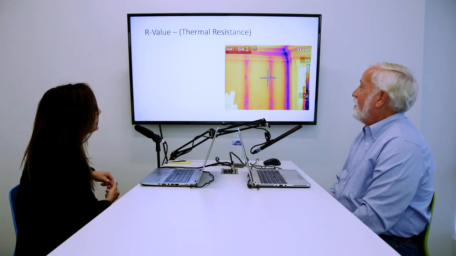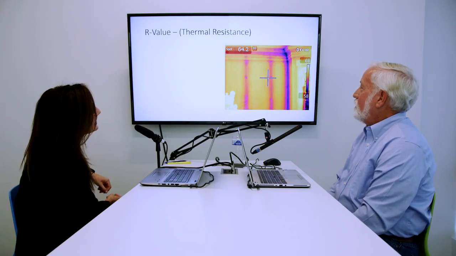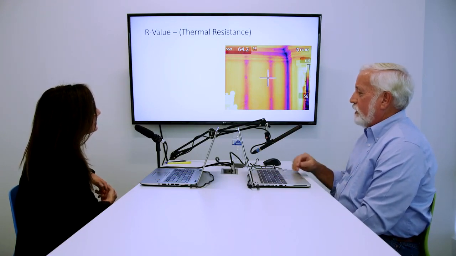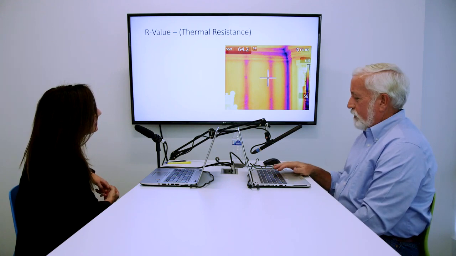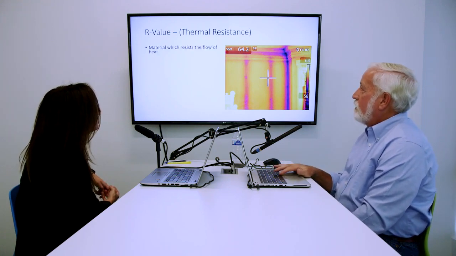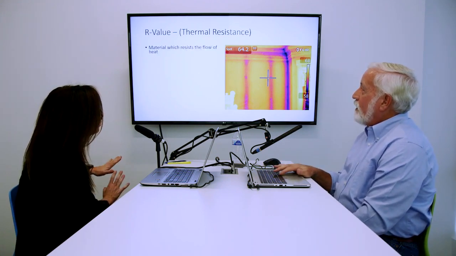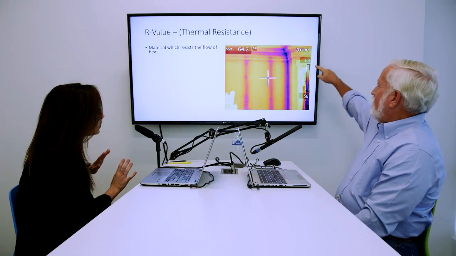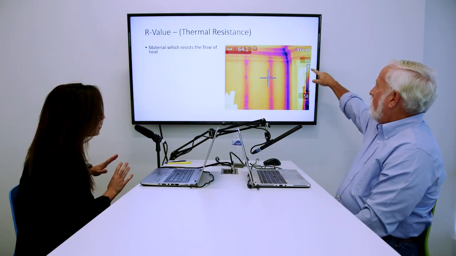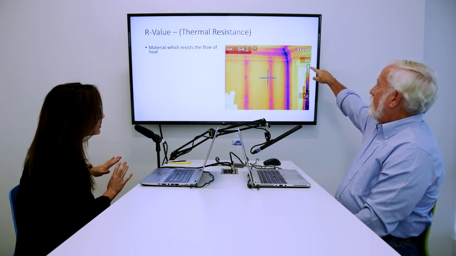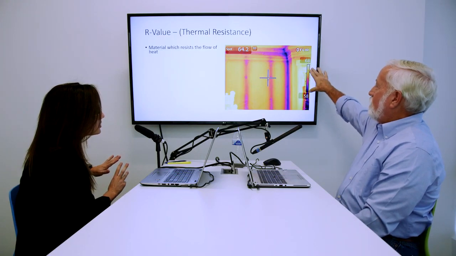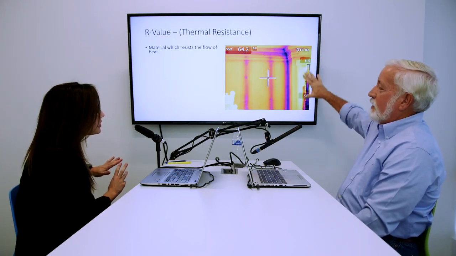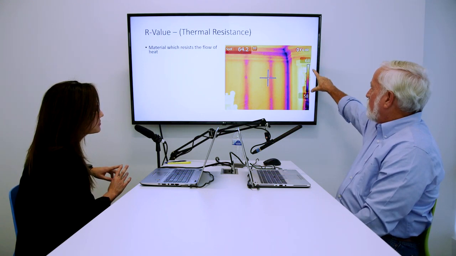So let's just think for a minute about what this picture is telling us. There's a little guide here. Depending on what you look at, the camera automatically adjusts, and so it has a scale here.